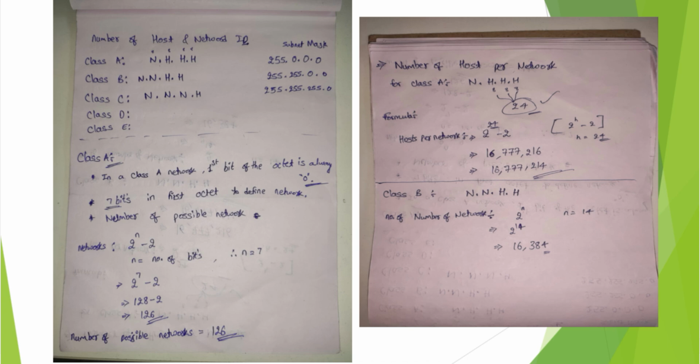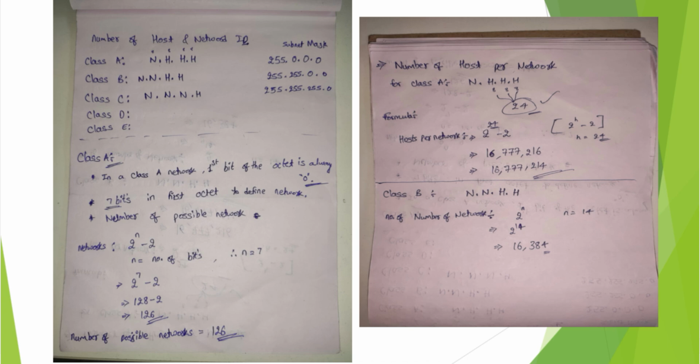Just now we tried how to identify it, right? In a similar way, here in class A, you can see there is one network and three hosts. Now to identify the hosts, we have to add the host part.